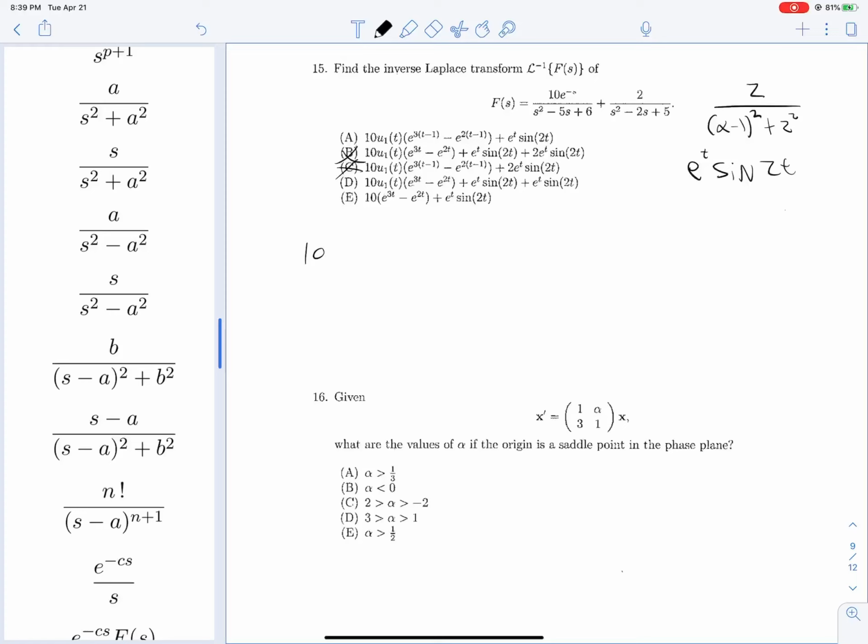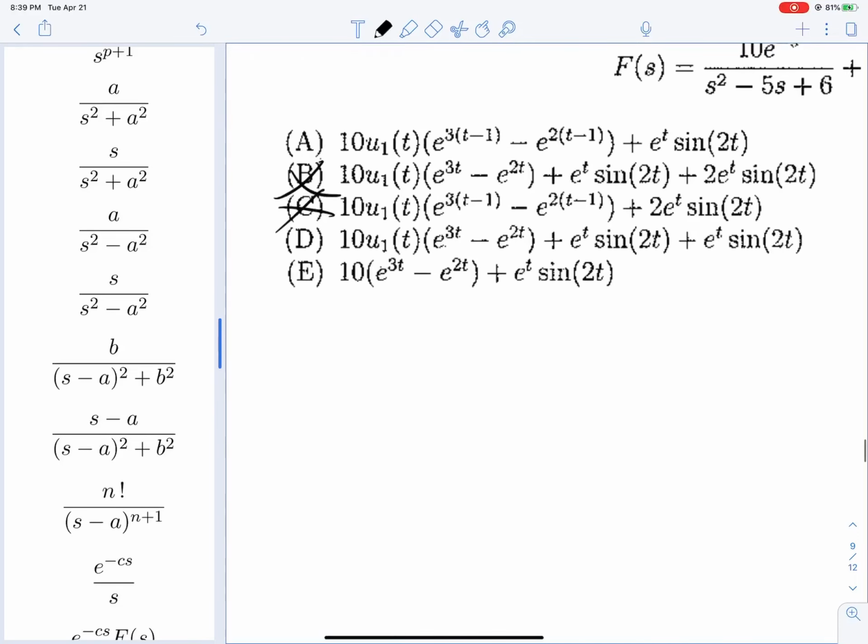We have 10 e to the negative alpha. We'll leave that alone for right now. Let's just factor that out and remember to take all of our t's and subtract 1 from them. Speaking of which, we can get rid of both of these other answer choices, because we know that in the end, we're going to have u1 of t.